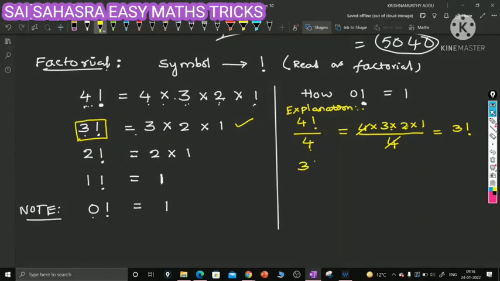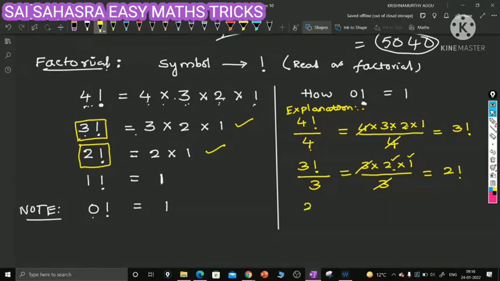3 factorial by 3 is there. How can we write? 3 into 2 into 1 divided by 3. The 3 gets cancelled. 2 into 1 is left. 2 into 1 can be written as 2 factorial.